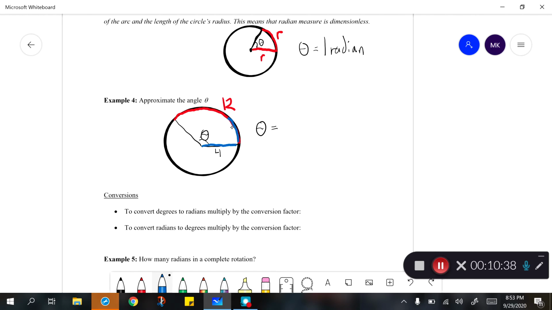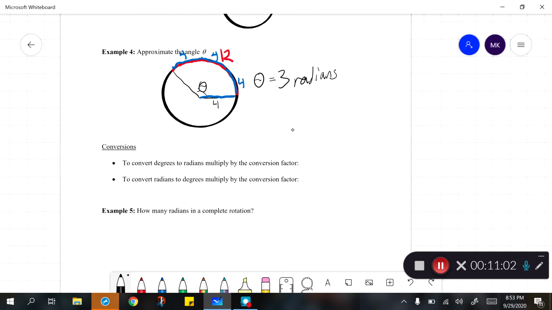So there's 4, there's 4, and there's 4, right? Because 4 plus 4 plus 4 gives me 12. So each one of those is 1 radian. So that means I have a total of 3 radians. So this angle that I've drawn here is 3 radians.